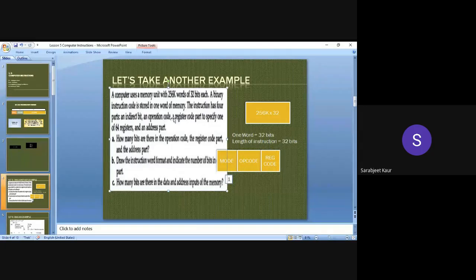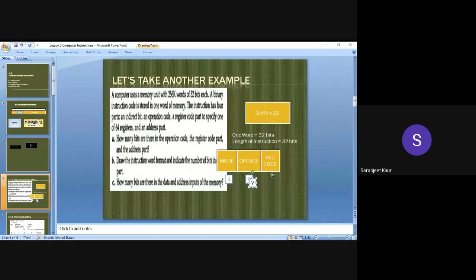And the fourth part is, he's saying, a register code to specify one of the 64 registers. As he told us, how many bits for the opcode as of now? Not up till now. He has not told us any information about that.